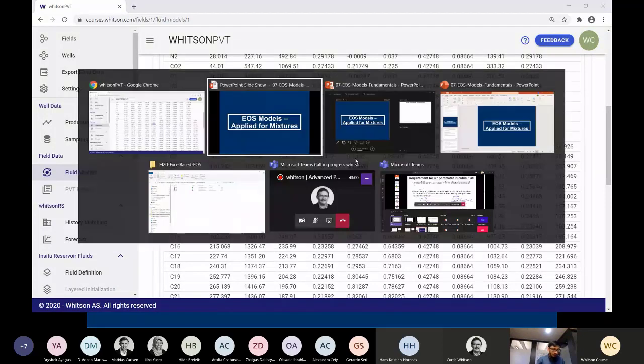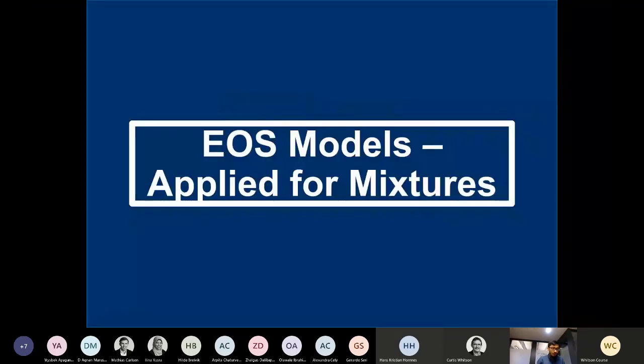Yeah, so again, we can jump to the topic now. The next topic that we have is the equation of state models applied for mixtures. We went through how we can use the EOS model for a single component.